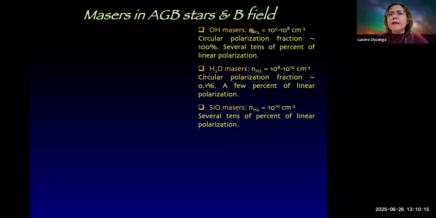For the OH masers, the fraction of circular polarization is usually high and could be 100%, with several tenths of percent of linear polarization. In the case of the water masers, the circular polarization is smaller, even smaller than 1%, with a few percent of linear polarization. And for the SiO masers, it's typically several tenths of percent of linear polarization.